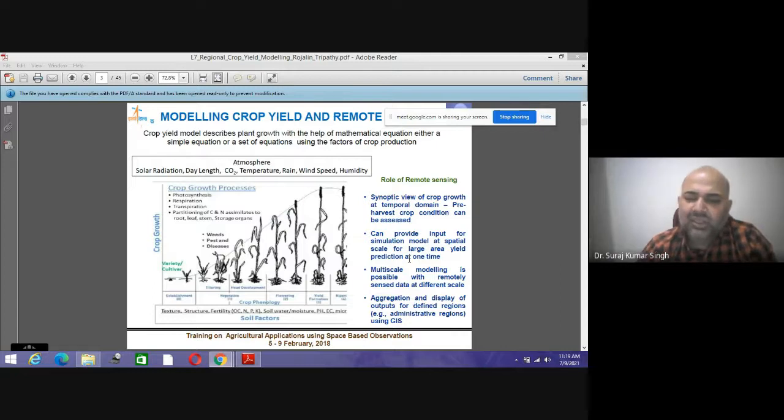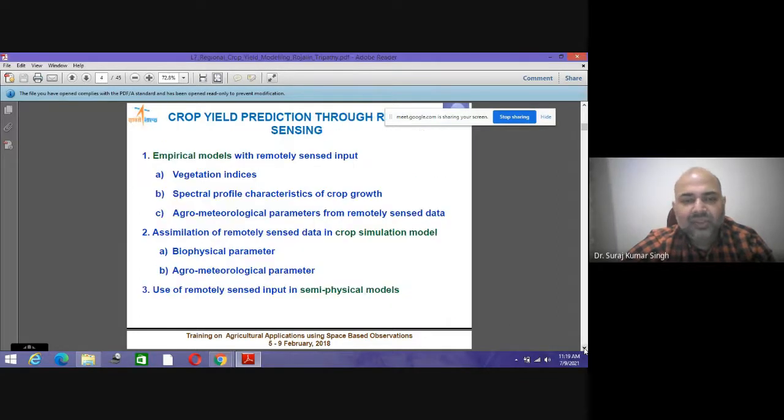And using multi-scale modeling, it is possible to identify the different crop growth at different dates at different scale, and finally we can have a final output where we can suggest to the district administration, using the help of GIS, whether the crop production that we have done in the current year is as per prediction or it is beyond the prediction.